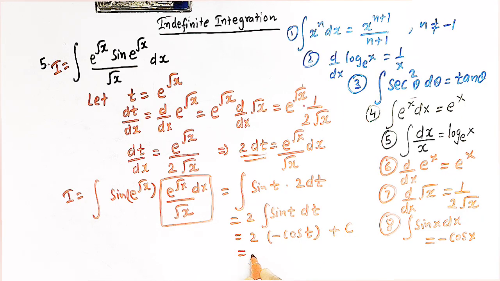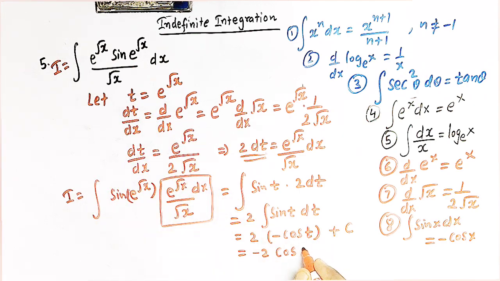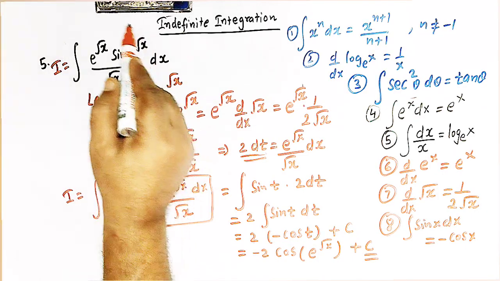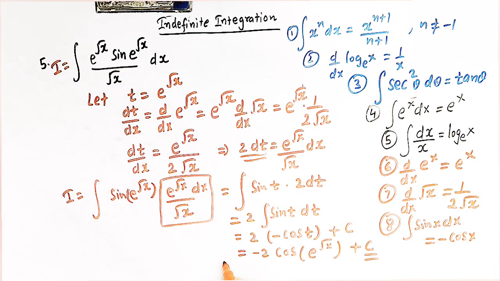So now we have here minus 2, and we can now write t as e raised to square root of x, and c is the constant of integration. So the value of this integral I is given by this expression.